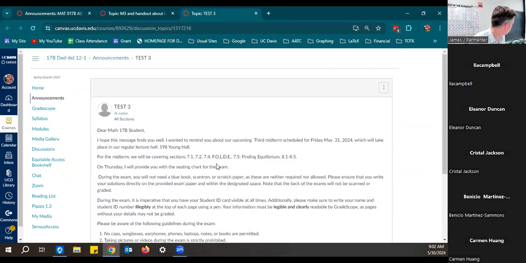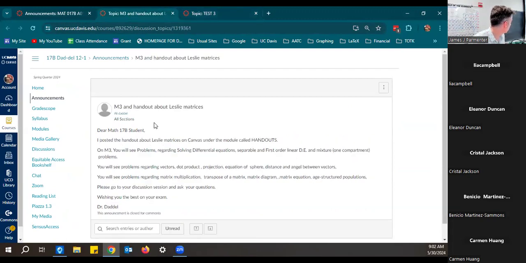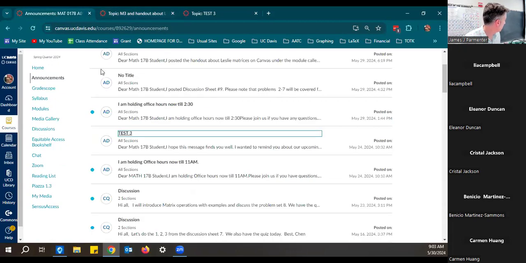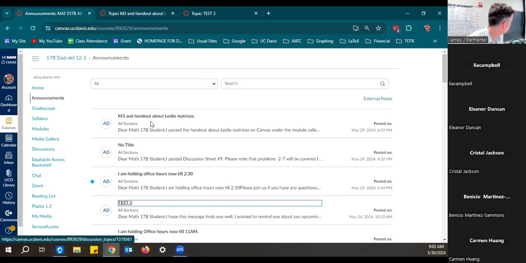The other one is about the handout. Maybe it was an email he sent, because I feel like he very specifically laid out which problems you should not focus on.